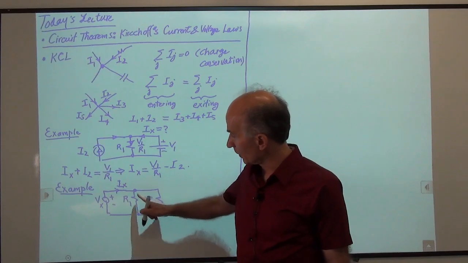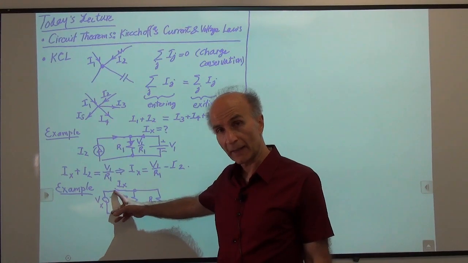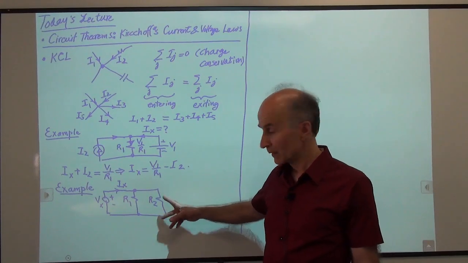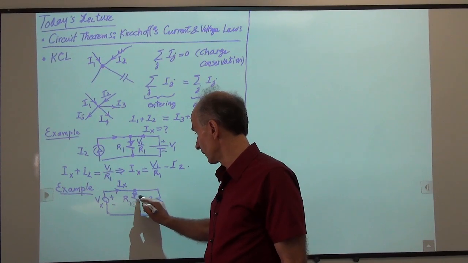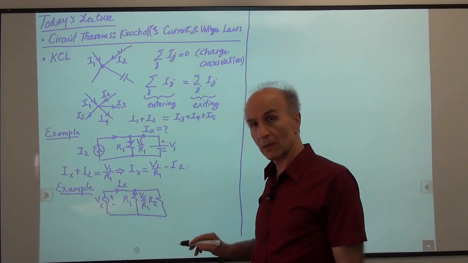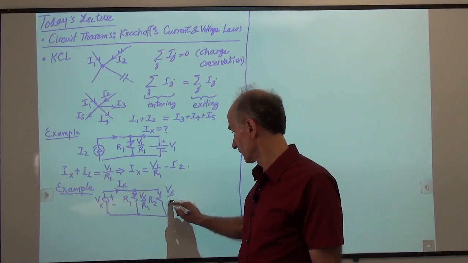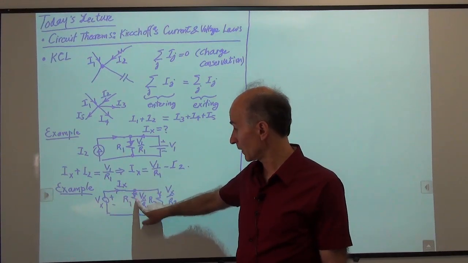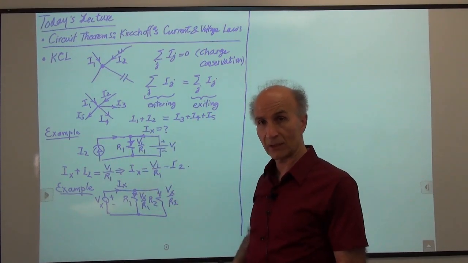All right, so what can I say here? Well, how much is the current through R1? We know that because this is a voltage source of value Vx, and that voltage source applies its voltage between these two lines wherever we go. So this voltage is also Vx, which means this current is Vx over R1. And similarly, this current is Vx over R2. So now I have a current coming in called Ix. I have two currents going out called these values. So the entering current has to be equal to the exiting currents.